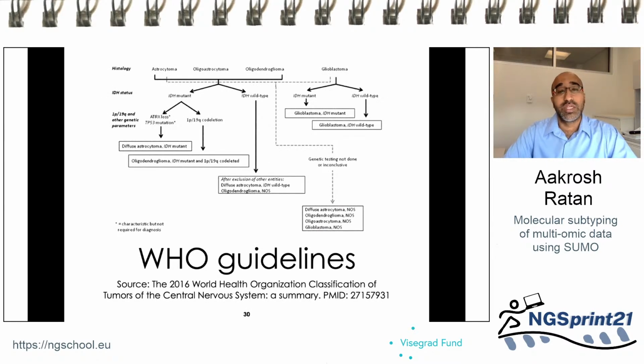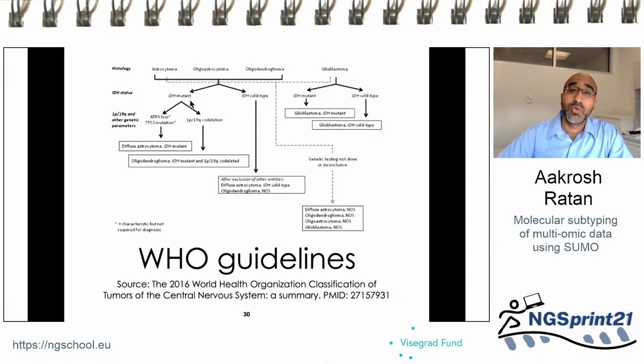So what does the WHO guideline say about this? So this is grade 4, so we'll ignore this for our purpose today. But essentially, the WHO guideline separates the lower grade gliomas based on IDH status. If you're IDH wild type, there are certain other things that they look at, but essentially you become a diffuse astrocytoma, IDH wild type.